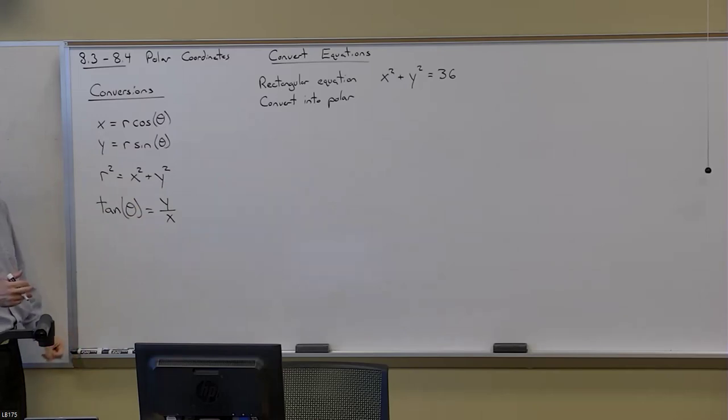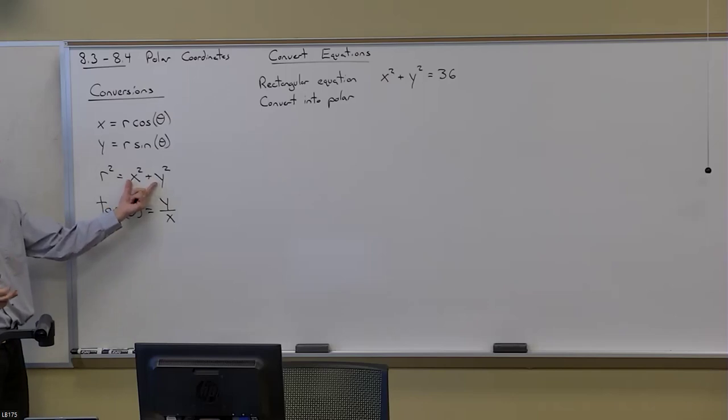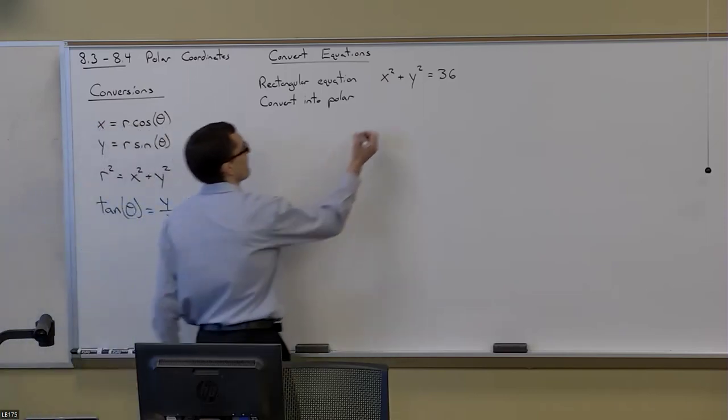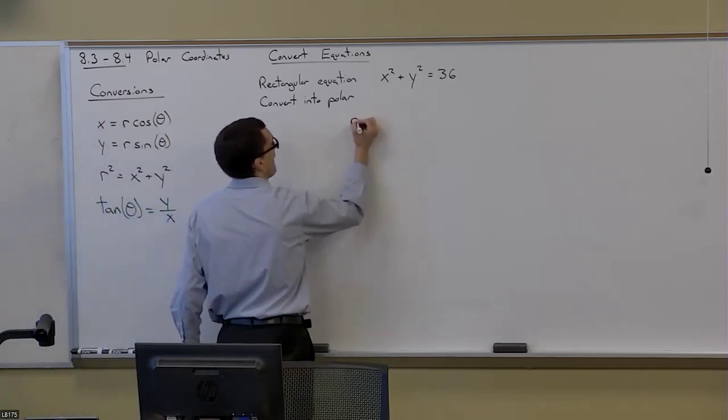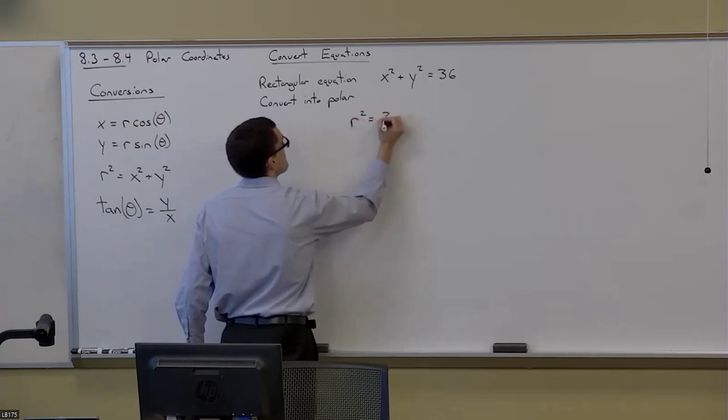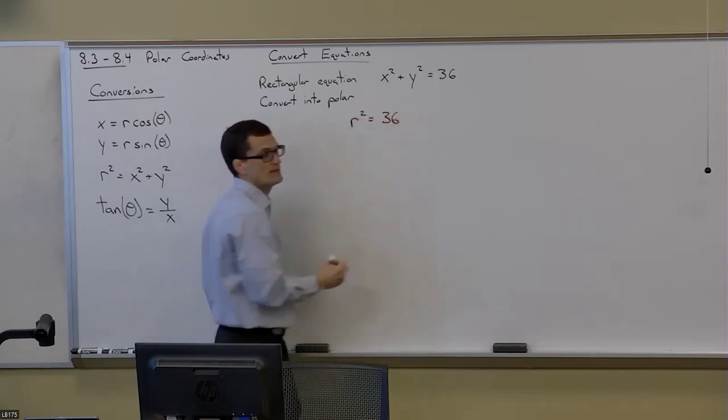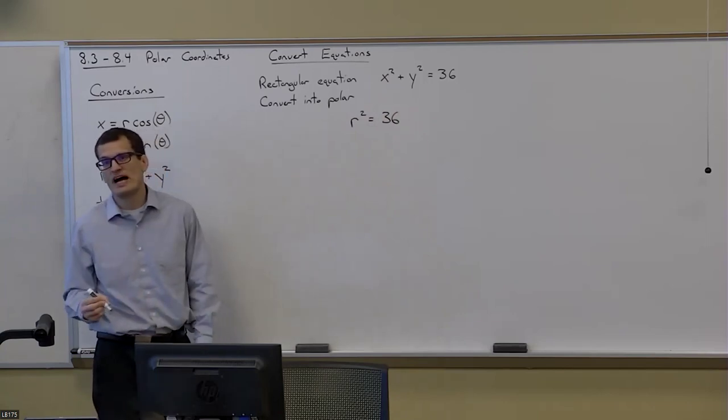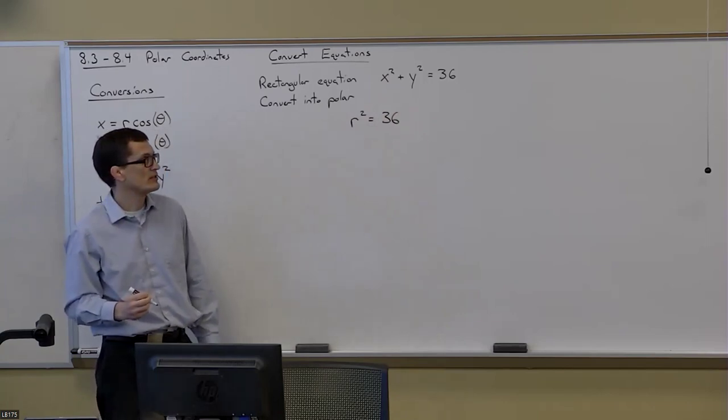So in this case, probably the easiest thing is to say, oh, I have an x squared plus y squared, so let's replace that with r squared. So we got r squared is equal to 36.